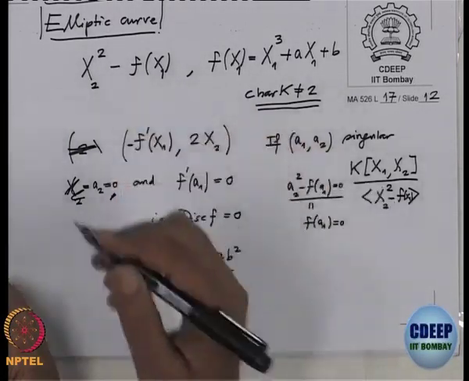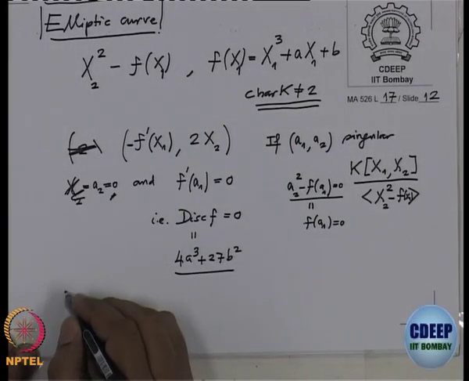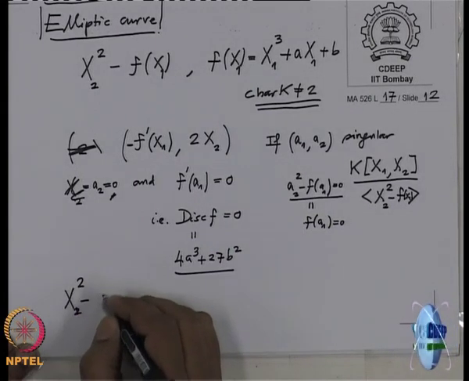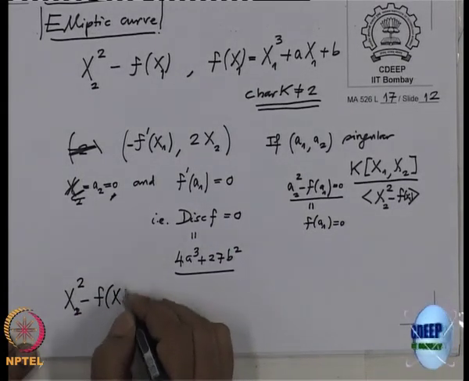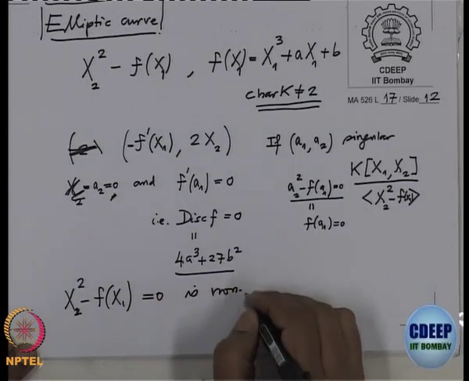So, the curve x2 square minus f(x1) equal to 0 is a non-singular curve.